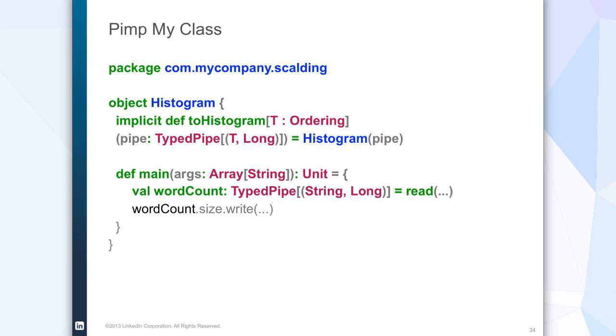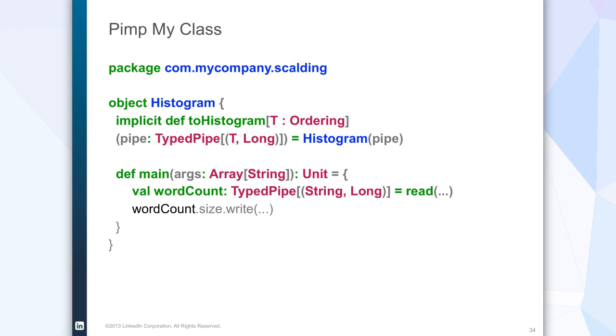We can define an implicit function, which is what the implicit def means, and we call it toHistogram. It gets a typed pipe and converts it to a histogram using the constructor of the histogram we saw before. The reason you don't see the word new before the histogram, like in Java, is because we defined our class as a case class.